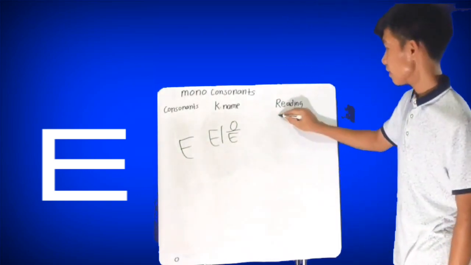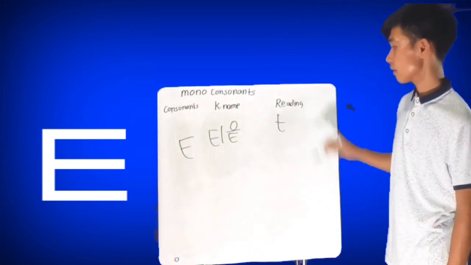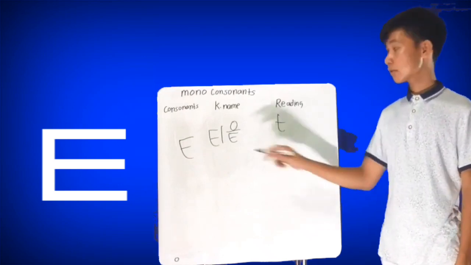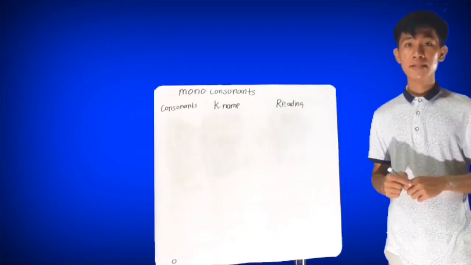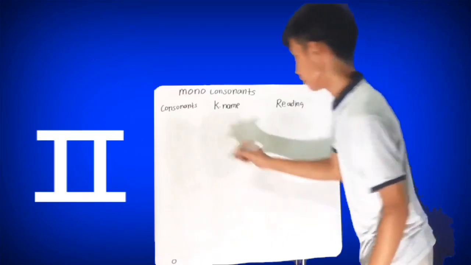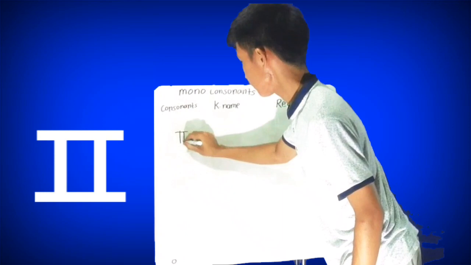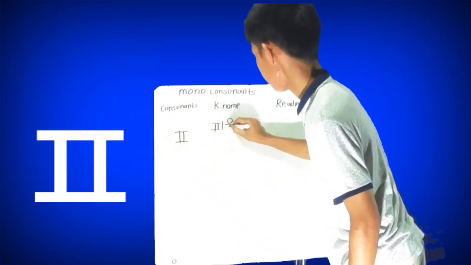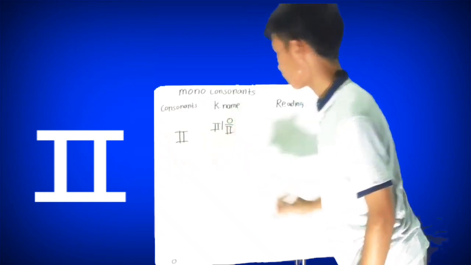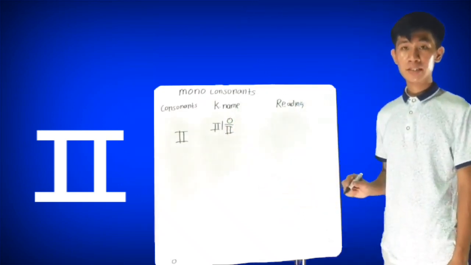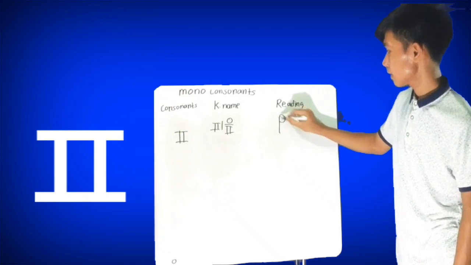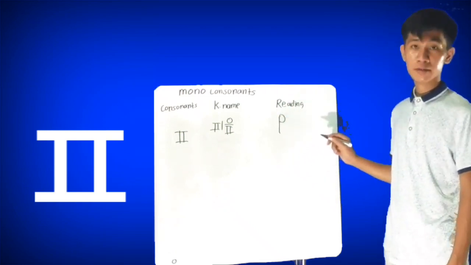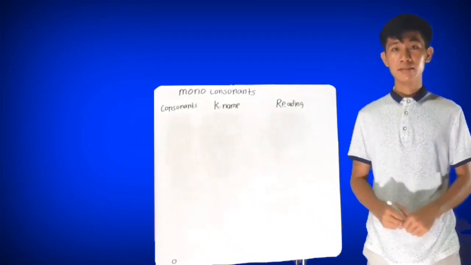In English, it's letter T. Like talk. Next is pieup. In English, it's letter P. Like park.